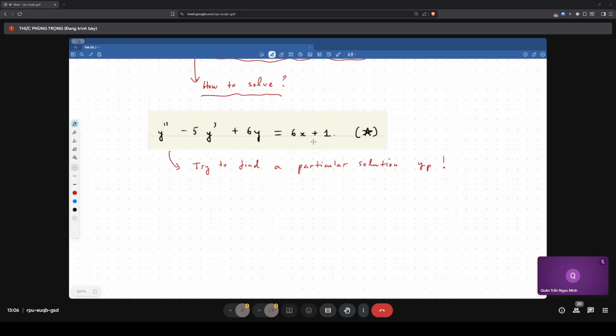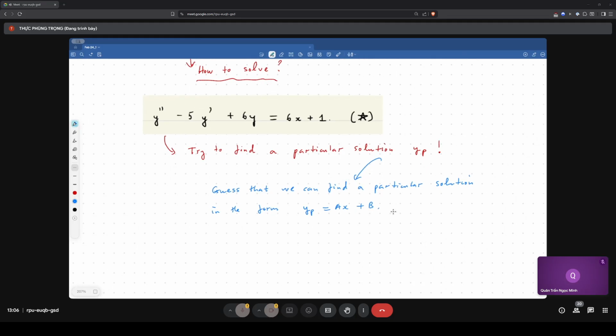You can see that the right-hand side is a linear function. So maybe we can find a particular solution. We see also a linear function. So I guess that we can find a particular solution in the form As plus B. And then you try with that.